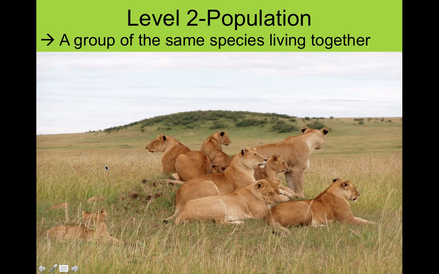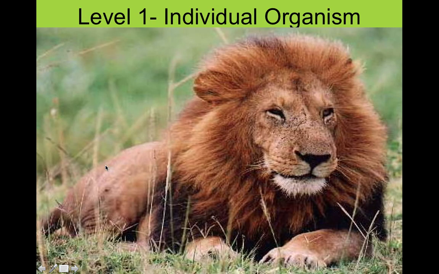And usually we won't study an individual organism, unless they have some really weird, rare disease, or if they're like the last of their species, like what you have with some rhinos right now, where I think there's only one rhino left of a certain species. I think it's the white rhino or the northern square-lipped rhino.